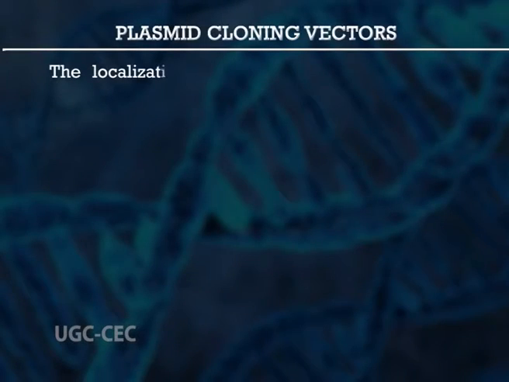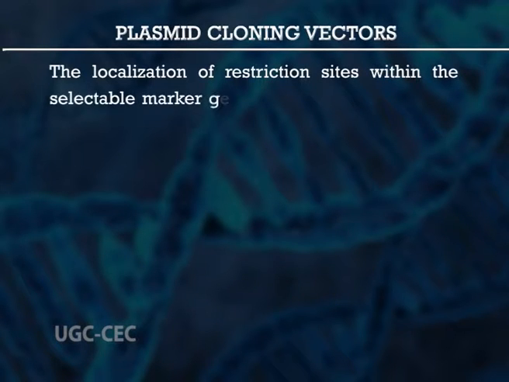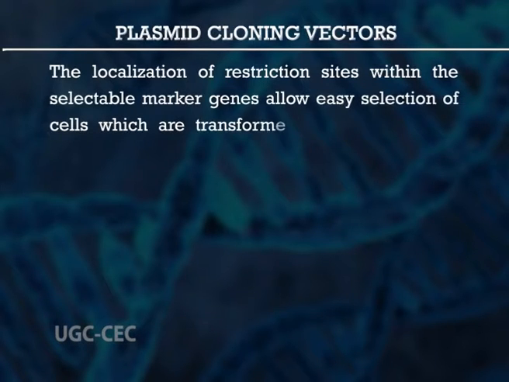The plasmid also contains an origin of replication that functions only in E. coli and is maintained at high copy number in the host cell. The localization of restriction sites within the selectable marker genes allows easy selection of cells which are transformed with recombinant plasmid.